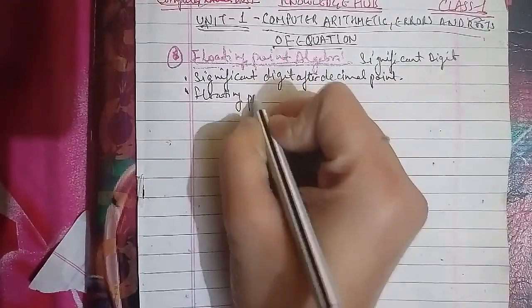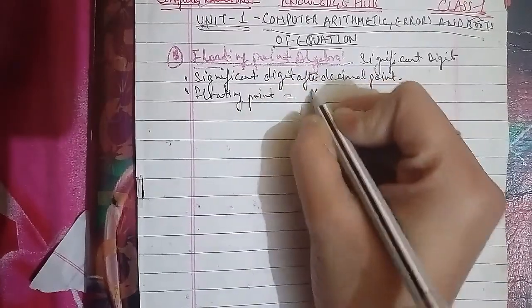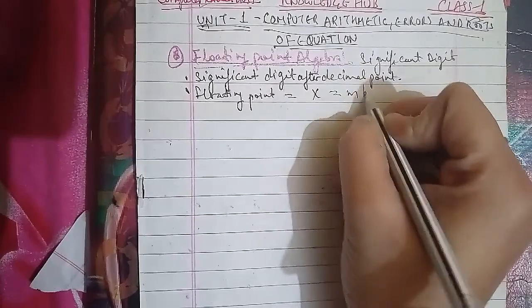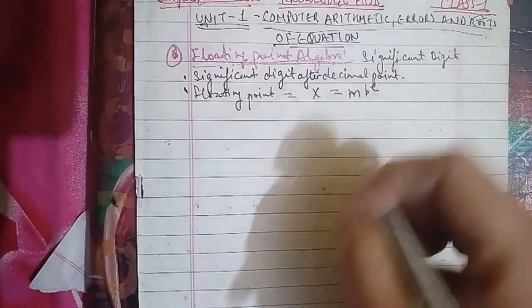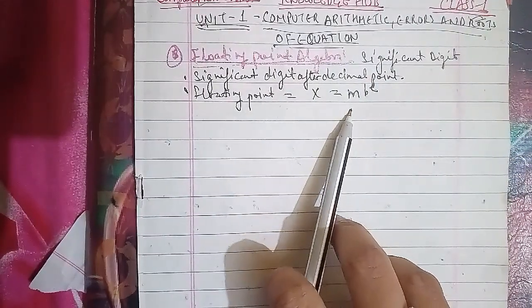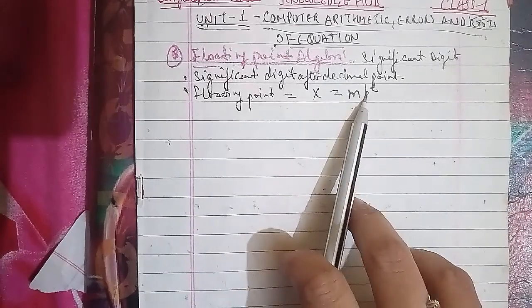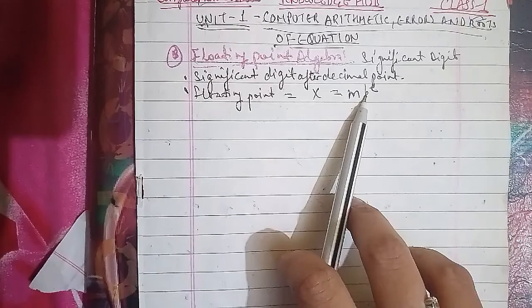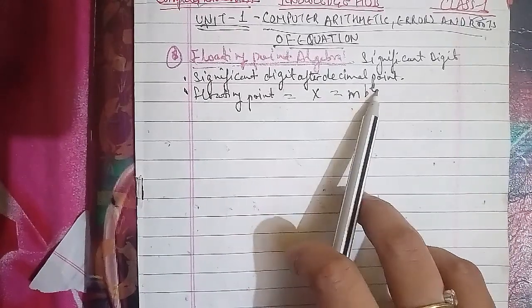Here m is the mantissa, which represents the fractional part of x, and b is the base of the number system, which can be binary, hexadecimal, octal, or decimal. And e, the power, is the exponent, which represents the integer part of x. For example, 0.387 × 10^2 is a floating point number.